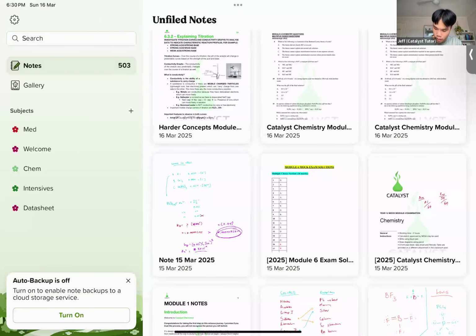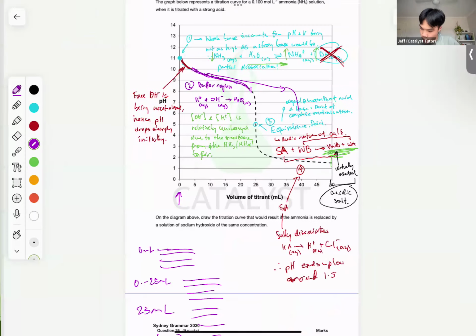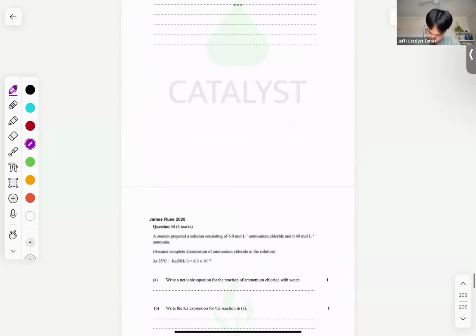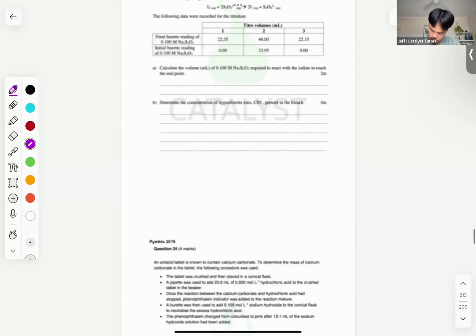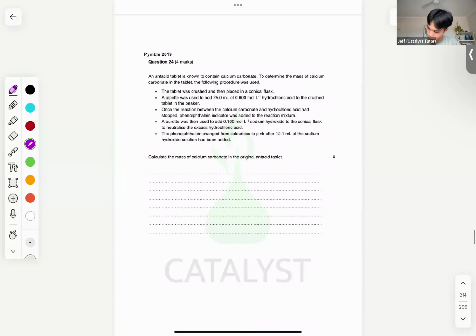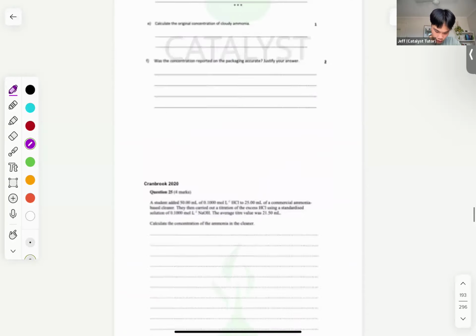Picked one out from the compendium. So we'll try page 213. Oh no, we'll do 182, sorry.